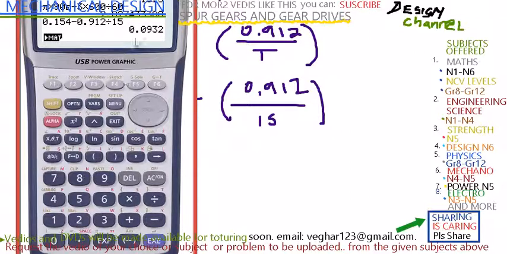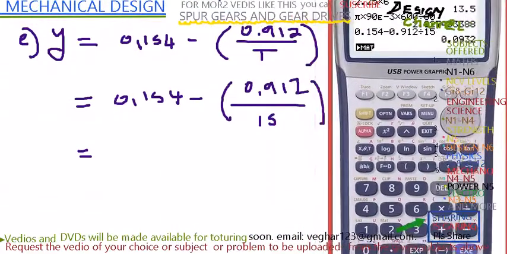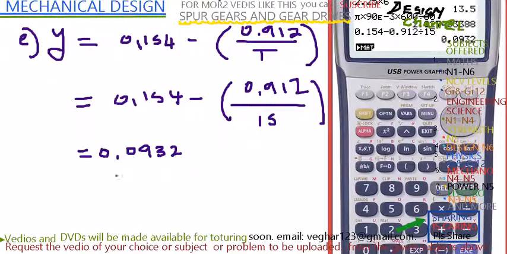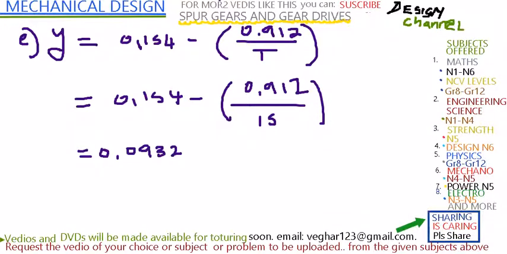What is it? 0,932. So the value of y is 0,0932. See, yeah. Okay.